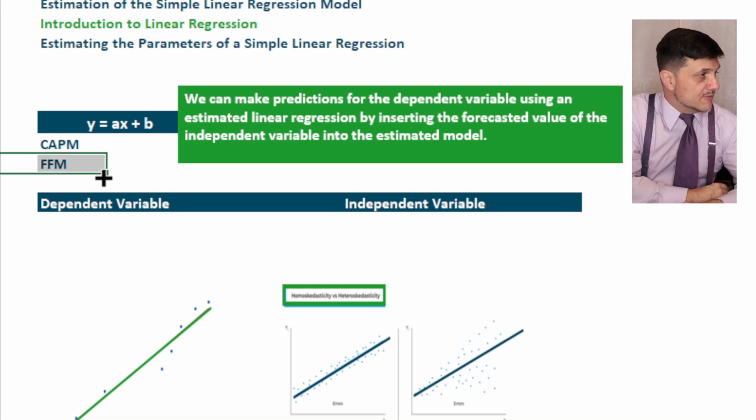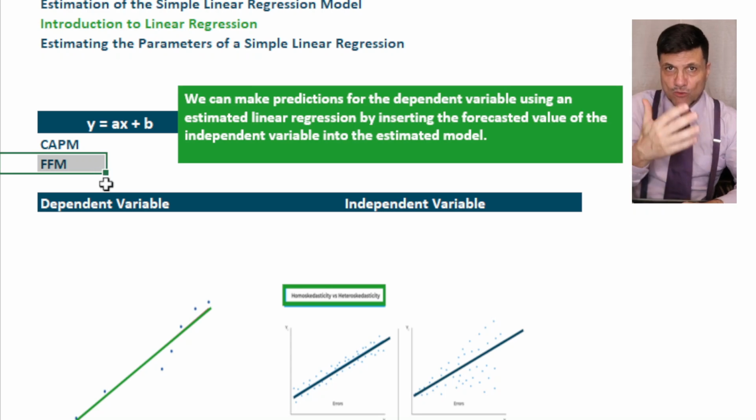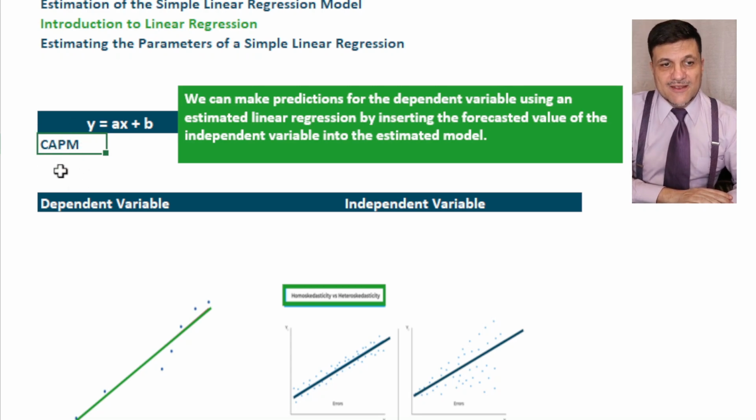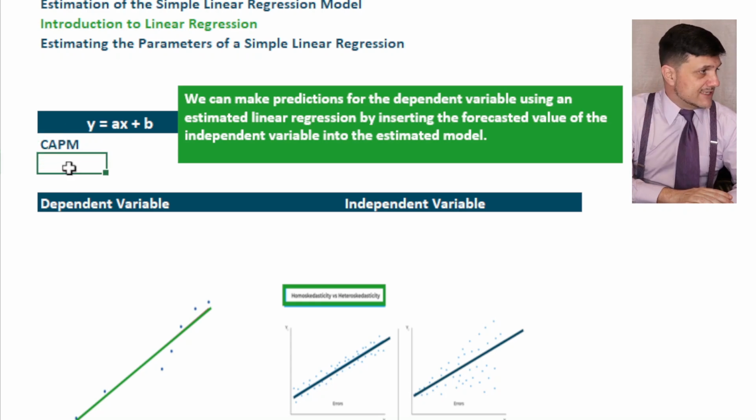Just put here as an example of multiple regression. Worry about CAPM, not for QM. You're probably not even going to see the capital asset pricing model in QM. You will see it in corporate issuers, portfolio management, and some equity questions as well. So CAPM is a must-know, the capital asset pricing model.